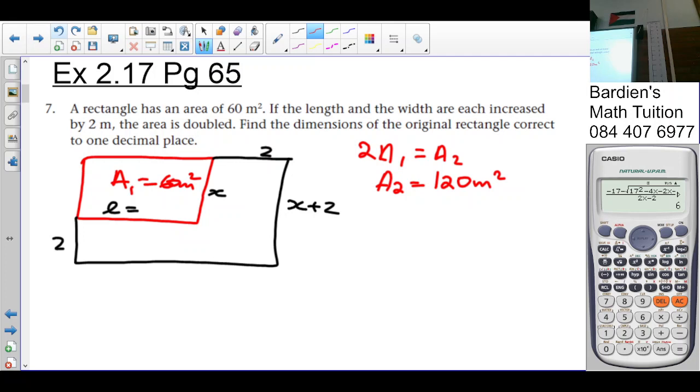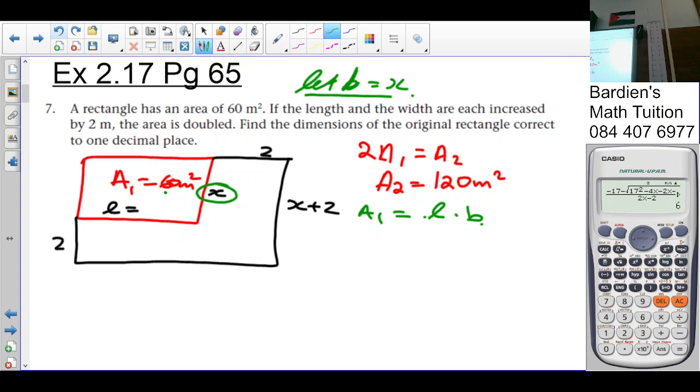So, looking at area 1, the area of the first piece, how do you calculate the area of something? Length times breadth, not so? So we're saying let the breadth equal x. So if I've got x here, then what do we know?